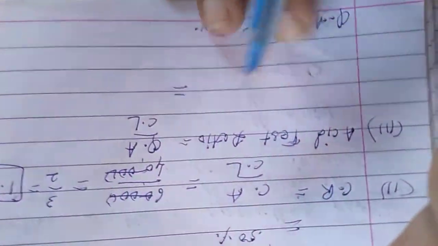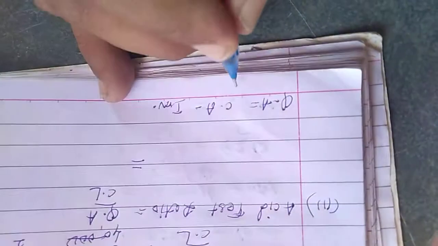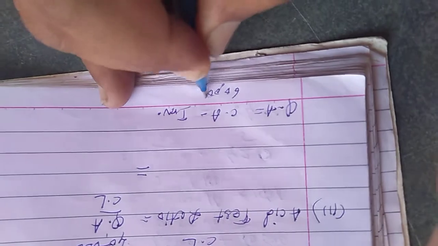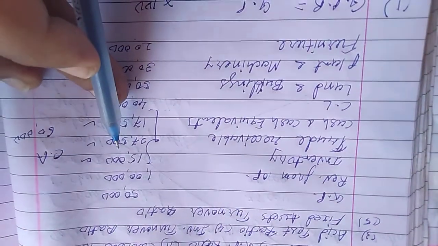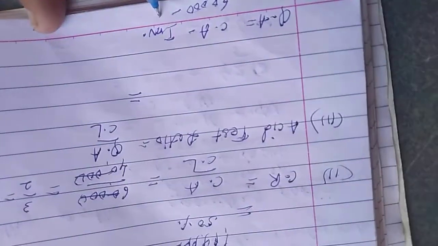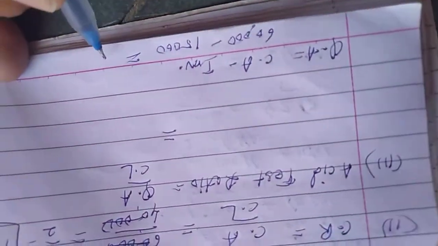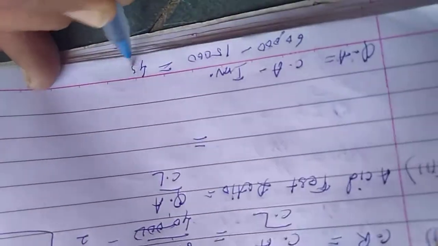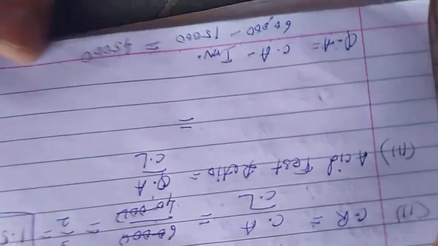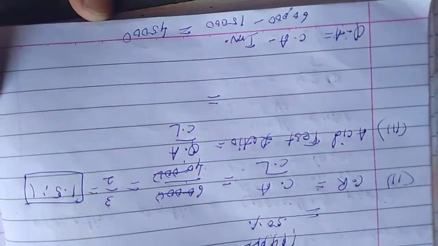So current asset 60,000 minus inventory 15,000 is 45,000. So 45,000 is the quick asset.